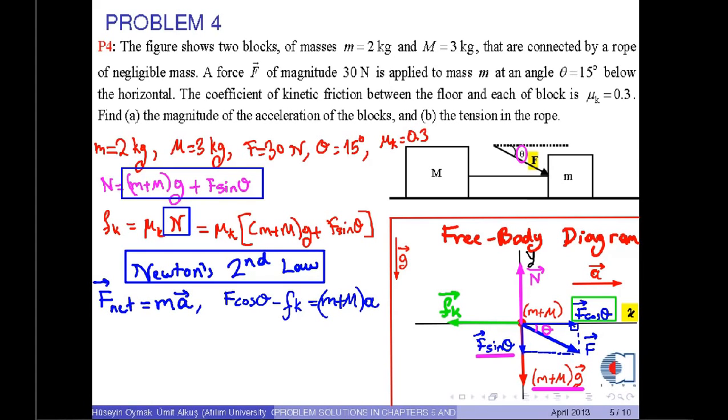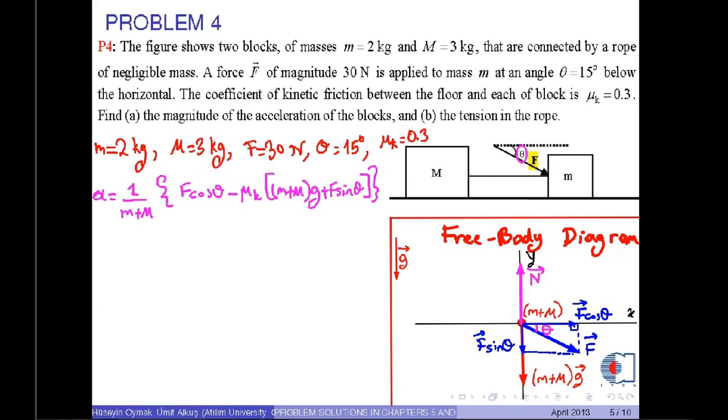Before putting all the numerical values into this formula, we recommend you to find an expression for a. Thus, if we divide both sides by small m plus capital M, we get a smart formula for a as a equals 1 over small m plus capital M times F times cosine theta minus mu k times small m plus capital M times g plus F times sine theta.